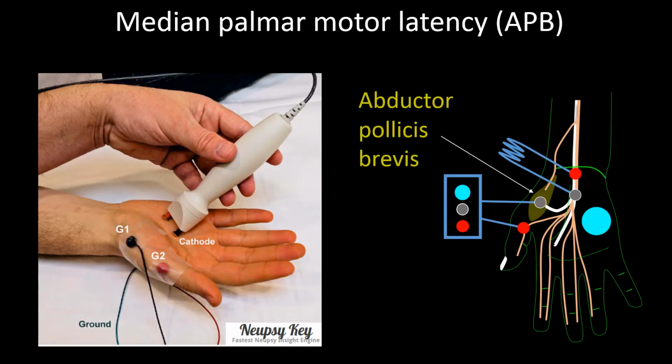And on the side, I have drawn a cartoon representing the same test and the main muscle being evaluated. As you can see, with palm stimulation, we mainly evaluate the conduction through the recurrent branch of the median nerve.